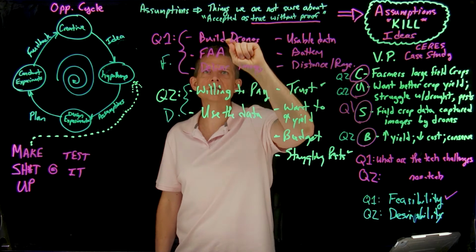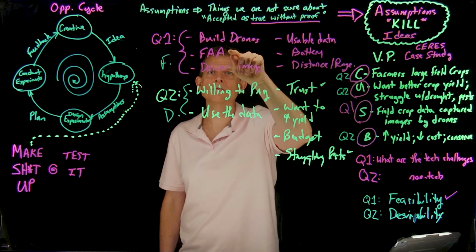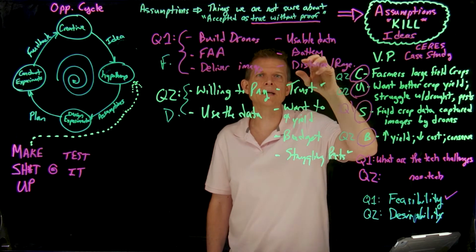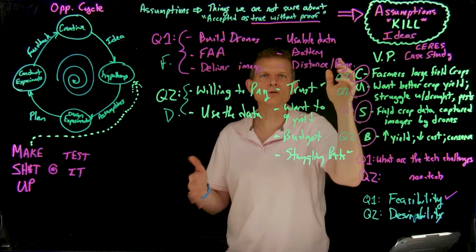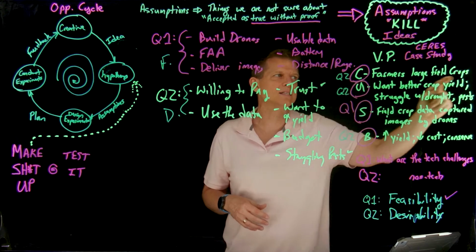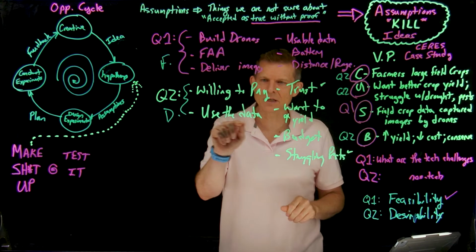We can build drones. The FAA rules are fine. We can fly over the farms. We can deliver images that are appropriate and valuable. The data will be usable. Battery life on the drone will be enough. There could be a long enough range that we could fly over these massive, large crops. Farmers are willing to pay. Farmers can use the data.